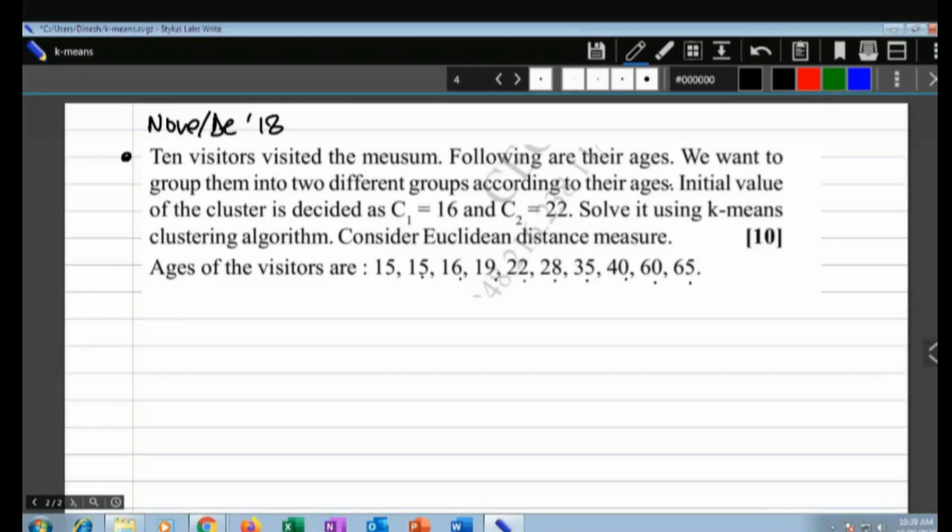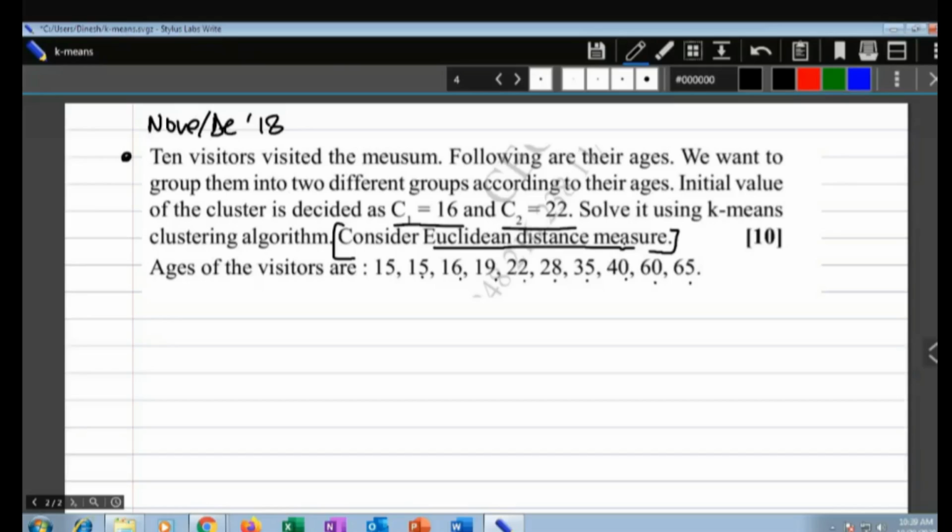We want to group them into two different groups according to their ages. The initial values of the clusters are decided as C1 equal to 16 and C2 equal to 22. Solve it using the K-means clustering algorithm, and consider the Euclidean distance measure.